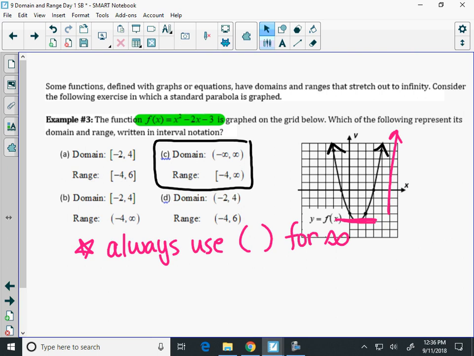So you can't actually reach infinity. So you put a parenthesis there, because it just keeps going. There's no solid end place. Whereas on this graph, you actually have an end place at -4. You can't go past -4, but you never actually end up going up. Does that make sense? Yes?